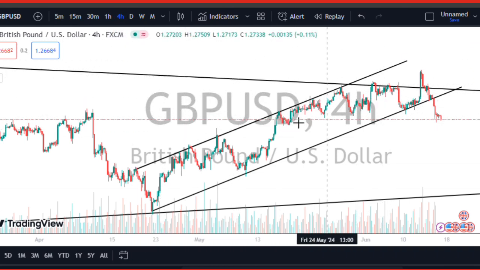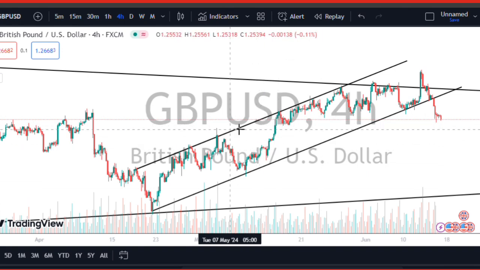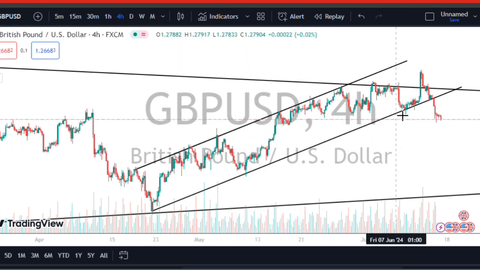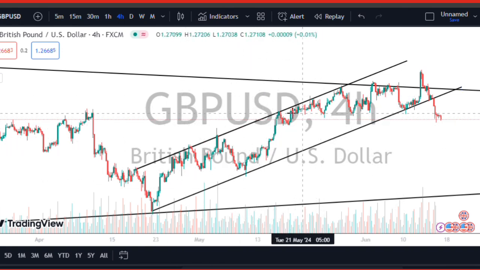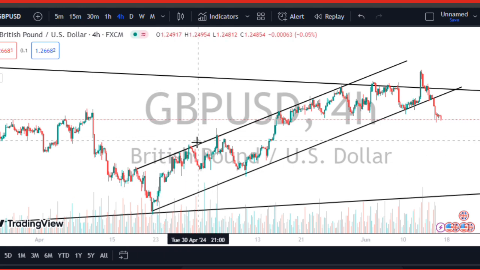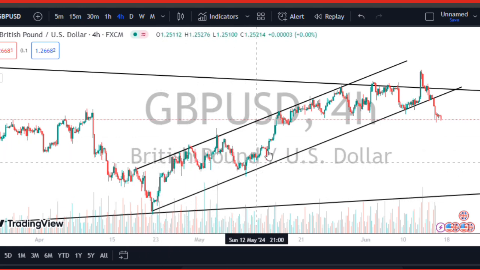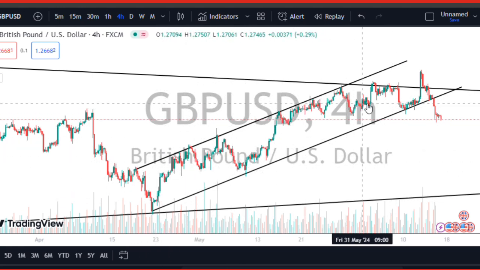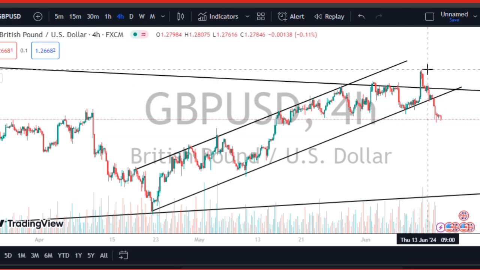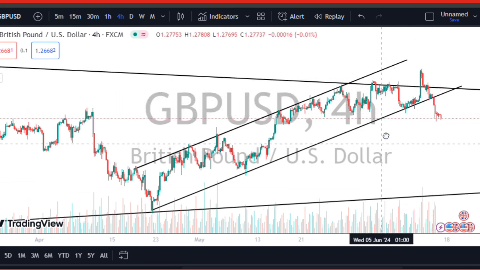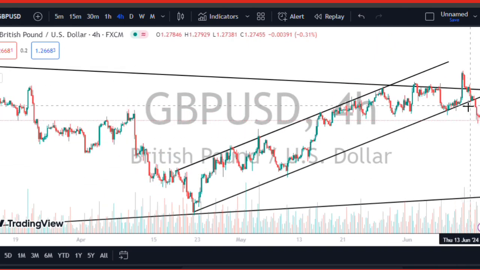It was moving in this channel. Okay, an uptrending channel. This is a bullish pennant. The market formed a higher high and a higher low, consolidation, then a higher low, and formed another high. So the market came back and broke this bullish trend line, which acts as a support.